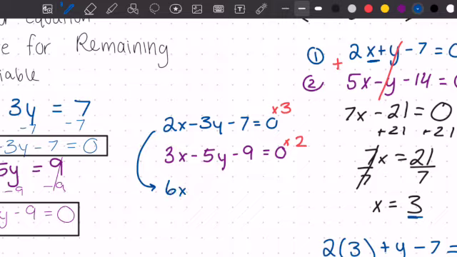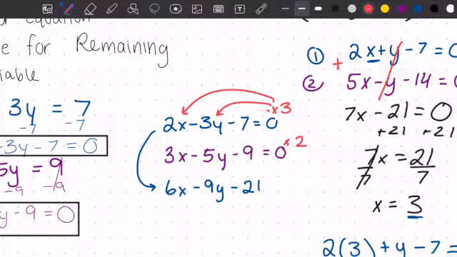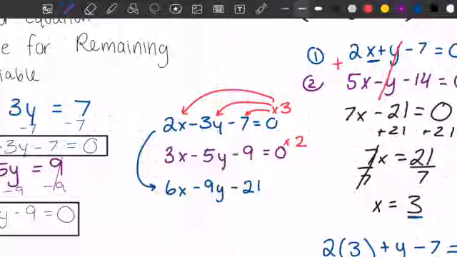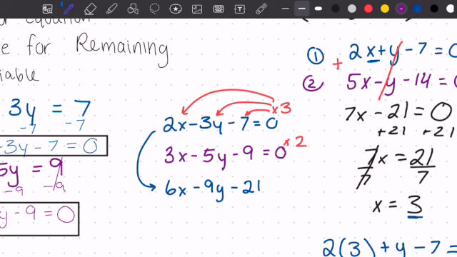So I'm going to get 6x, because 2x times 3 is 6x. I'm going to get minus 9y minus 21. So all I've done here is multiplied each term by 3. Now I'm going to do that for my second equation here. 2 times 3x, that's 6x, minus 2 times negative 5y, which is negative 10y.